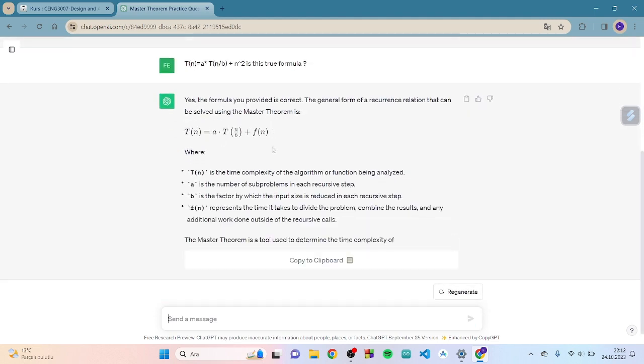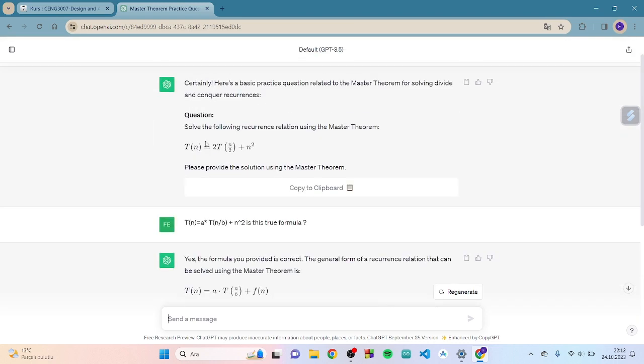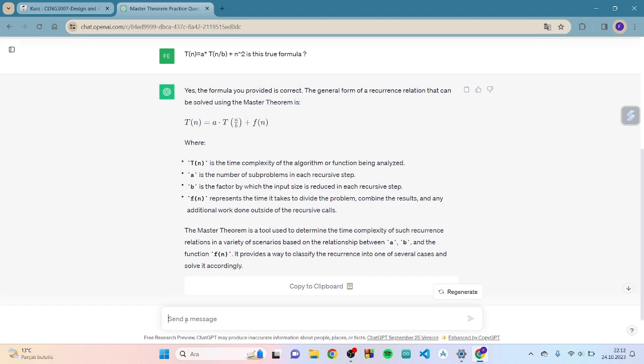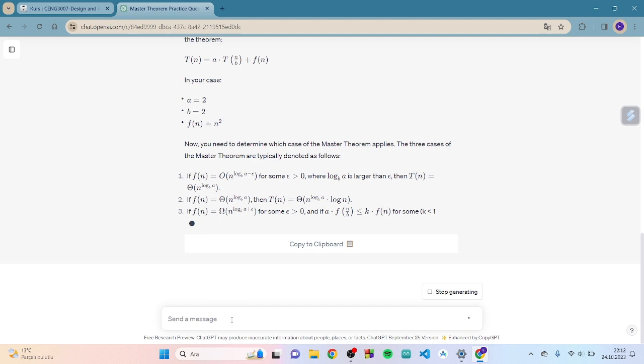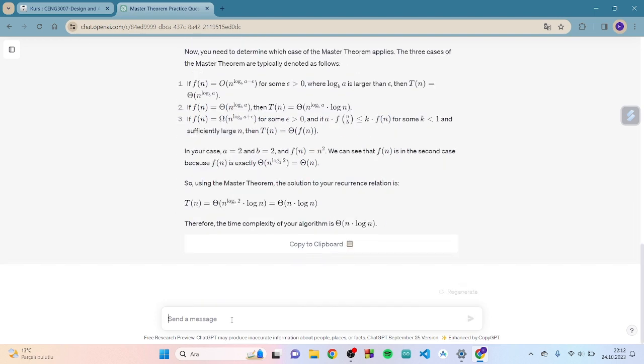Yes, the formula is correct. According to this formula, a equals 2, b equals 2, and f(n) equals n squared. Yes, this is great, we have our values. And now we can calculate log base b of a.